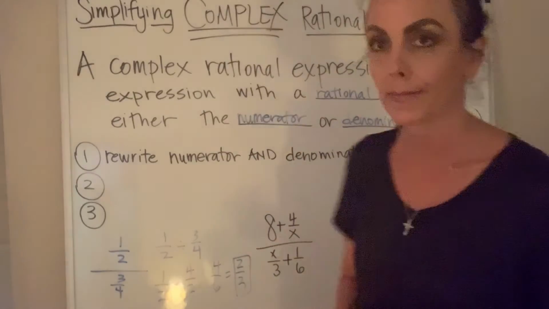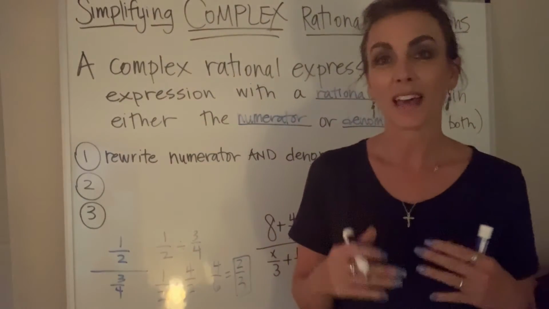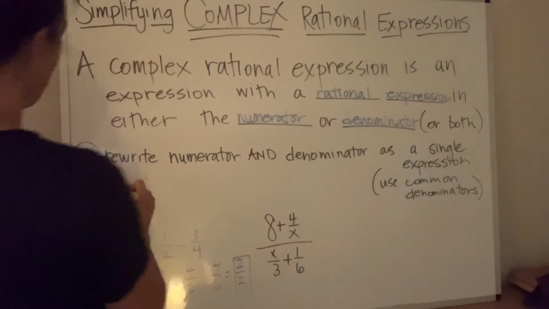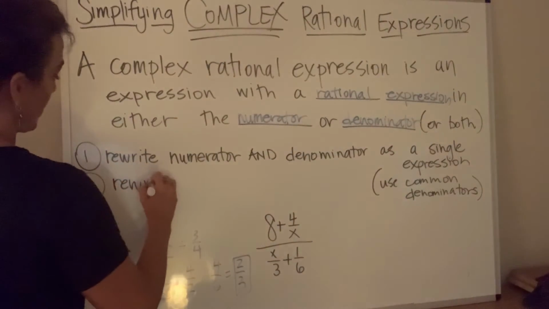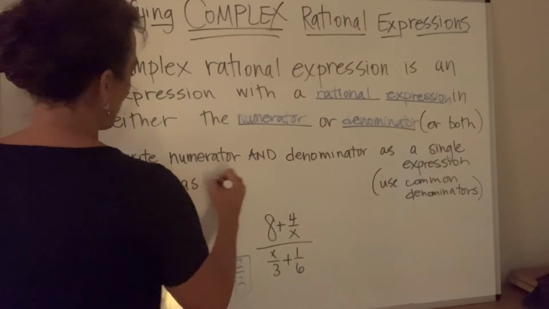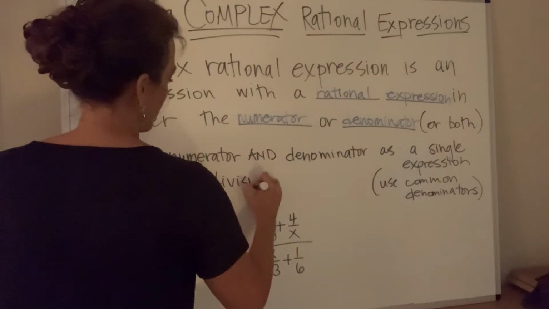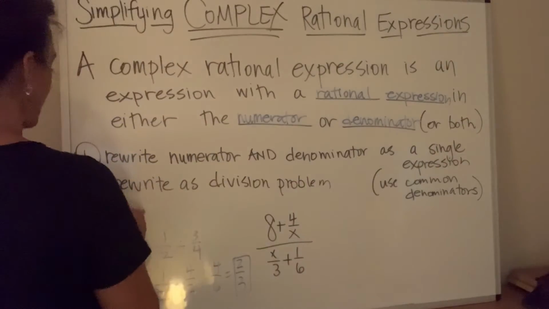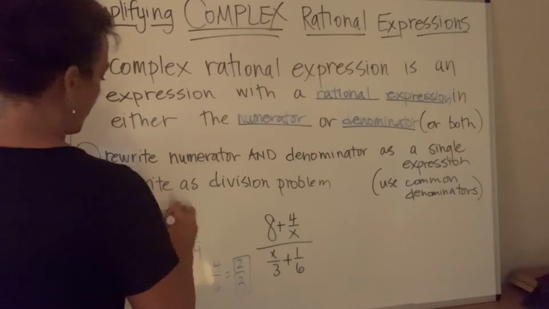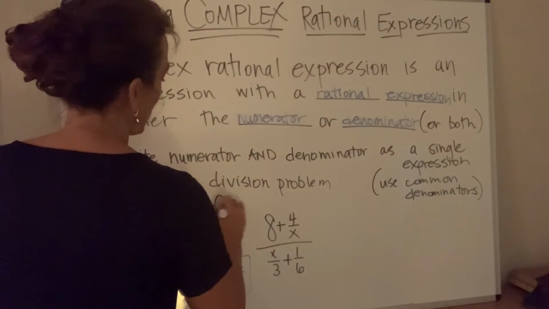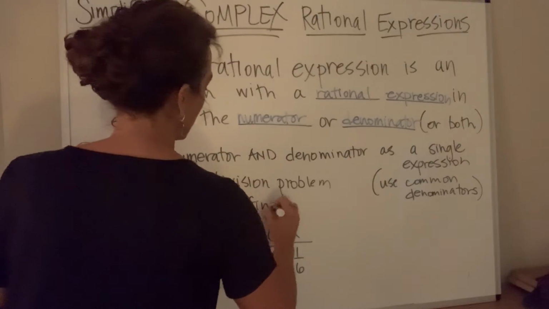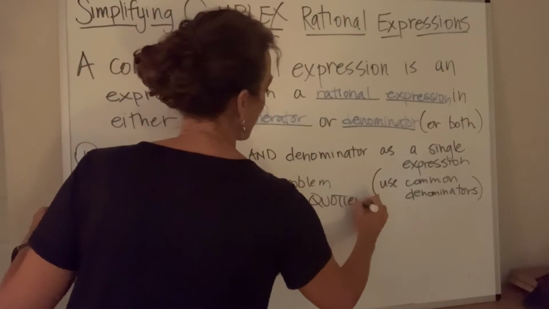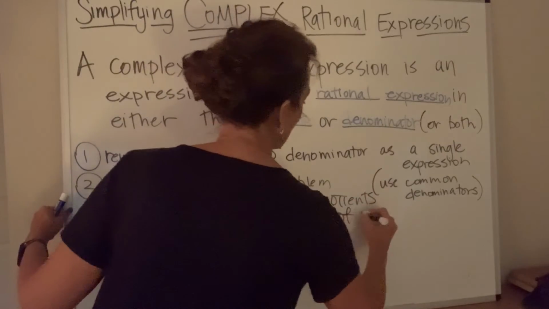All right, then after you've done that, you've got a fraction over a fraction. You're going to rewrite it as a division problem. And then follow the steps for finding quotients of rational expressions.